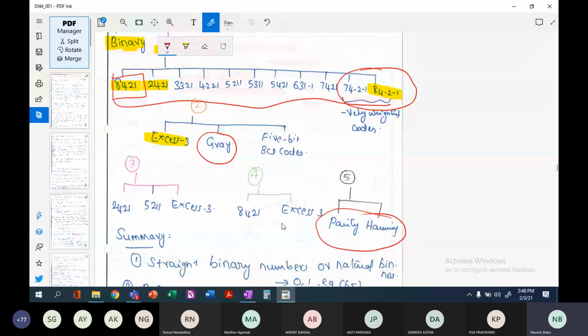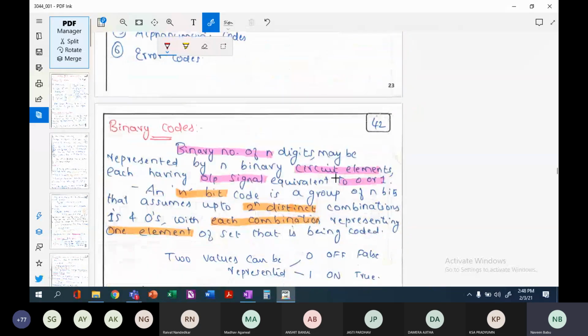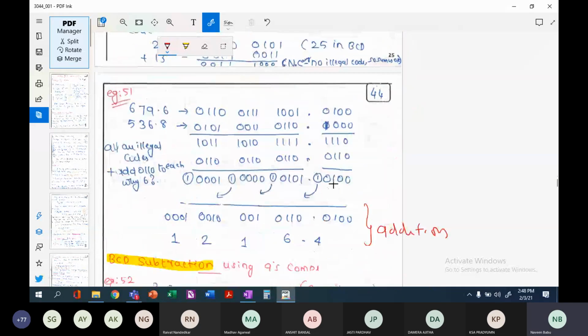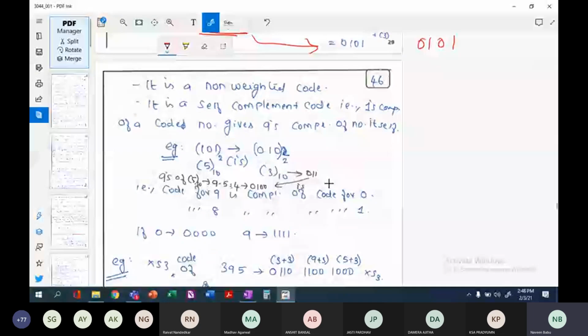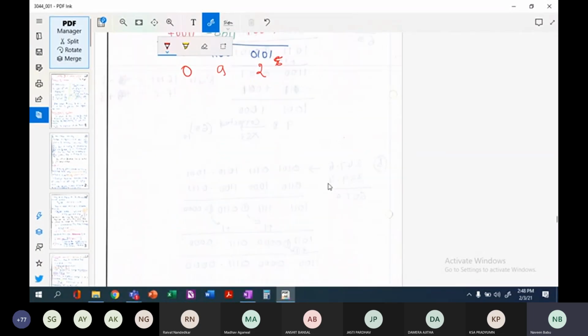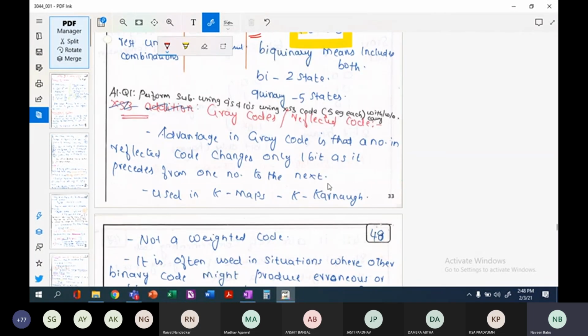Now, what is a gray code? Gray code is a code where subsequent codes change by only 1 bit. The advantage of these gray codes is that a number in a reflected code changes only by 1 bit as you move from one number to the next.